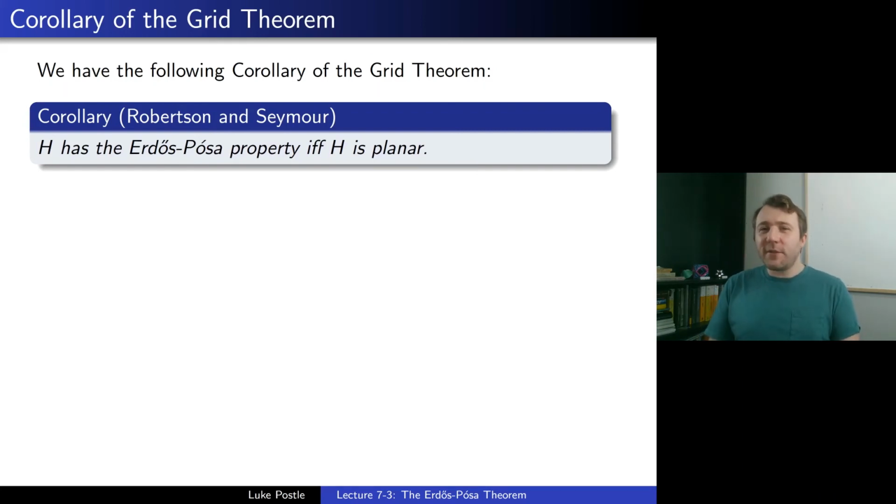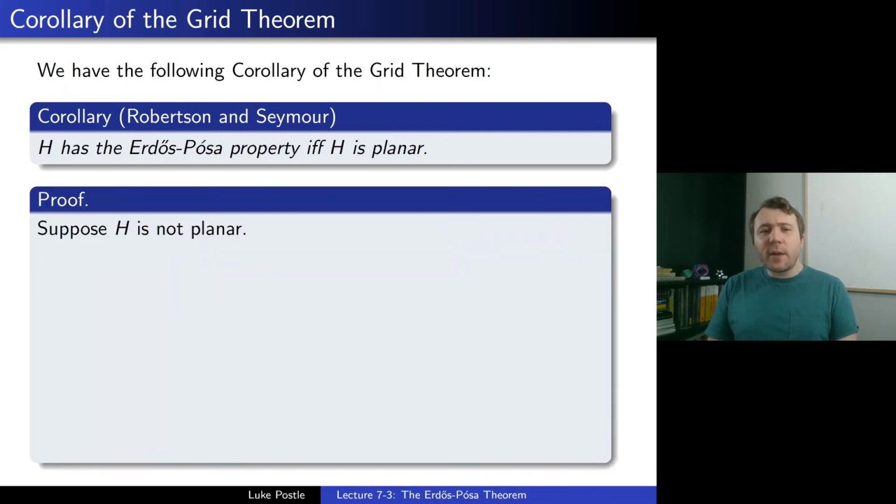K3 is obviously planar, so this implies the Erdos-Posa theorem, but it answers the question much more generally. It is true for trees, it's true for cycles, and as long as H is planar, it's also true. And that's the only case. So it maybe gives you a semblance of an idea of why the grid theorem is hard. It's implying the Erdos-Posa theorem, which we just spent a number of slides giving you a more elementary proof of, but we get it as an easy corollary, and much more generally for all these H.